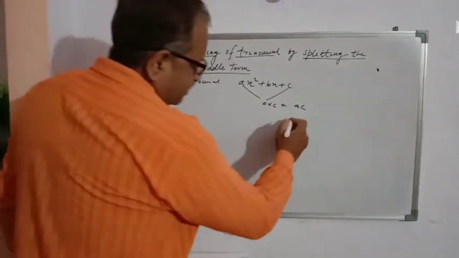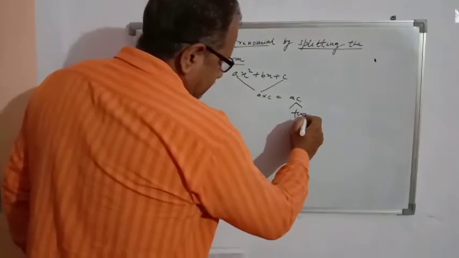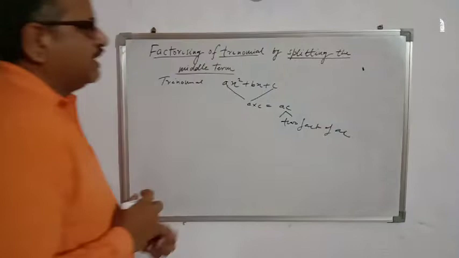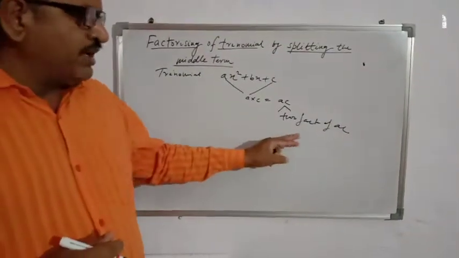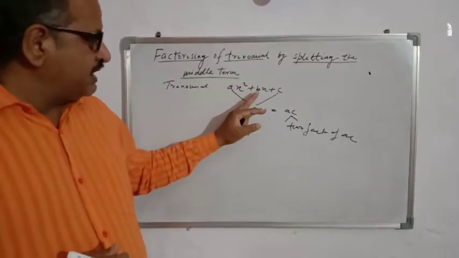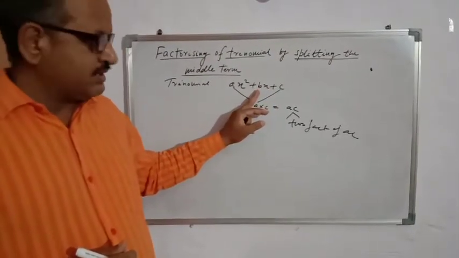Now we will take two factors of ac. We will select two factors of ac whose sum or difference is the middle term b, that is the coefficient of x.